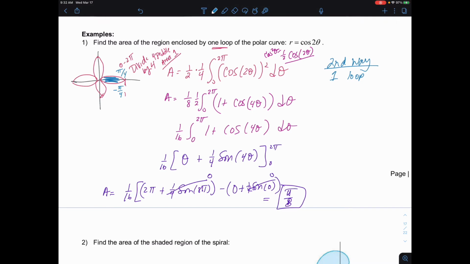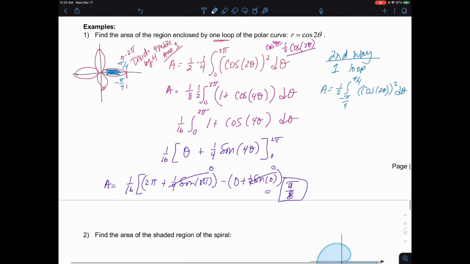And you could practice with your Desmos, graphing that. So my area would equal 1/2 the integral of negative pi over 4 to pi over 4 of cosine of 2 theta squared d theta. And the rest of the math is pretty much the same that we just did before, but now I just didn't have to divide it by so much.